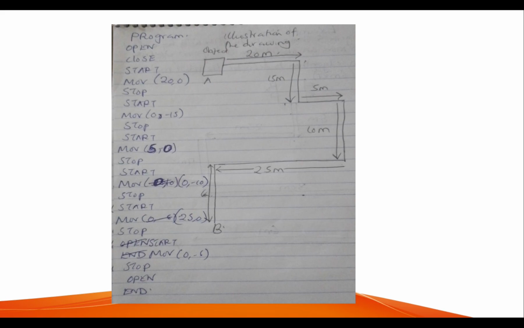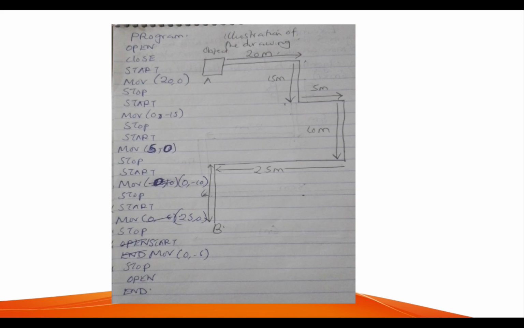If you are at 0, 0 and you're moving a positive distance along the x-axis, then it means you're moving to my right, because I'm making positive steps. So if my object is at A, then I'll have to move 20 meters to my right, because that is a positive distance and it is affecting the horizontal, which is our x-axis. So it will be moved 20, 0.